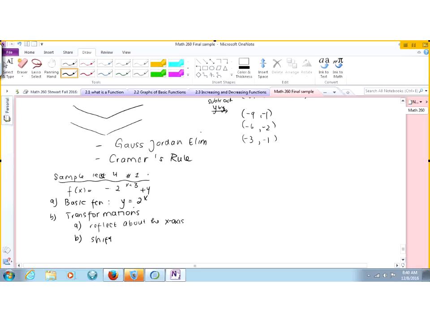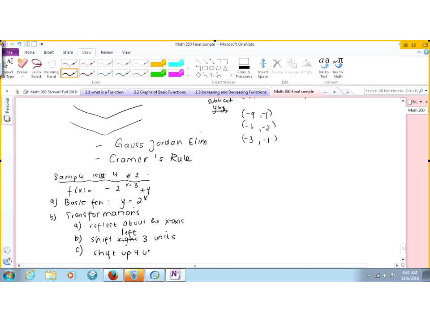Now, what does plus 3 do? Shift right 3 units. Left 3 units, right 3 units. Huh? I'm tricking you guys, right? Okay. And then, what about the 4? Up or down?